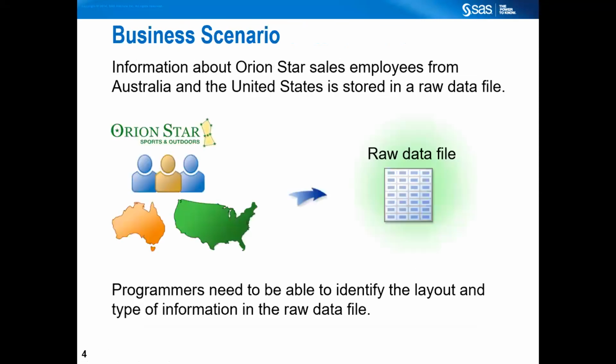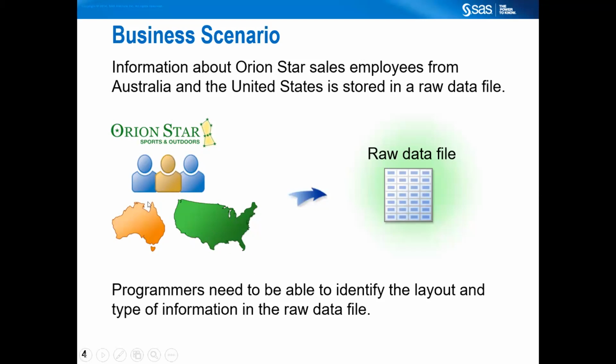Okay. So this is the scenario they're trying to give us, and they're trying to tell us that Orange Star Sports and Outdoors is an organization dealing in the sale of sports goods, with data for their employees, their suppliers, and various other information. And they have data coming from various countries.